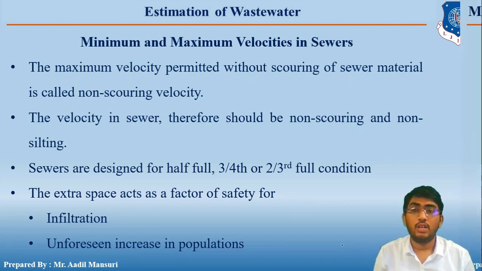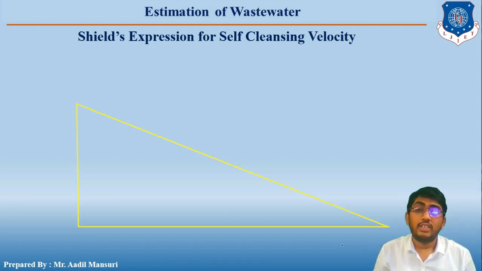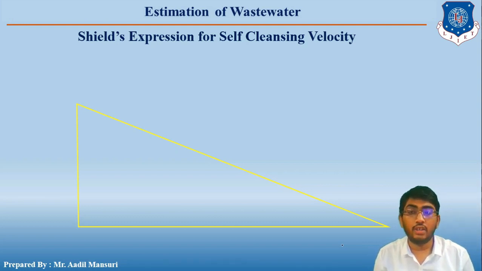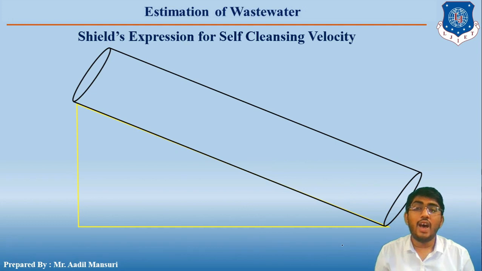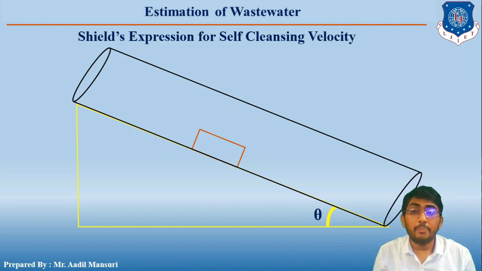Understood? So let us now move towards Shield's expression for self-cleansing velocity. This yellow triangle represents the land, that is, the surface of the earth. Now we are placing a sewer at an angle theta with the horizontal.